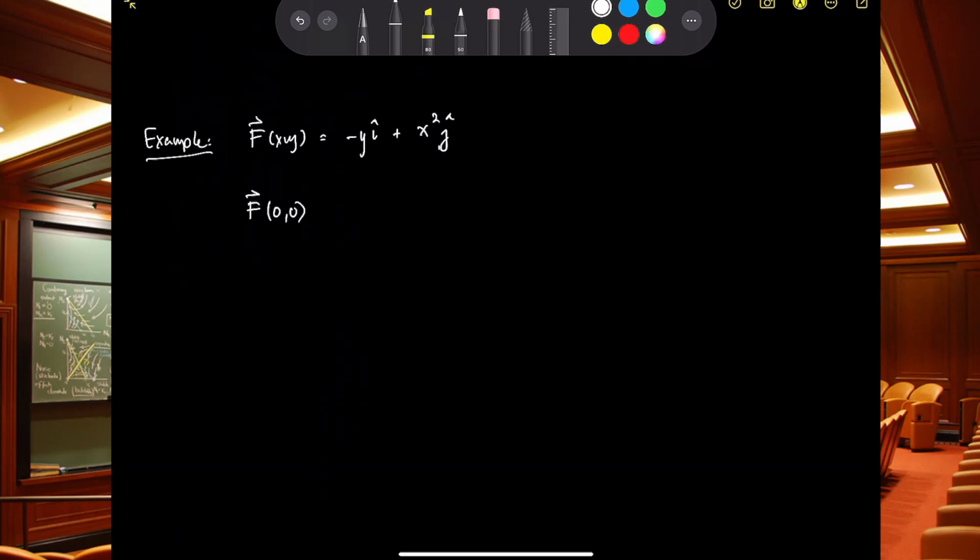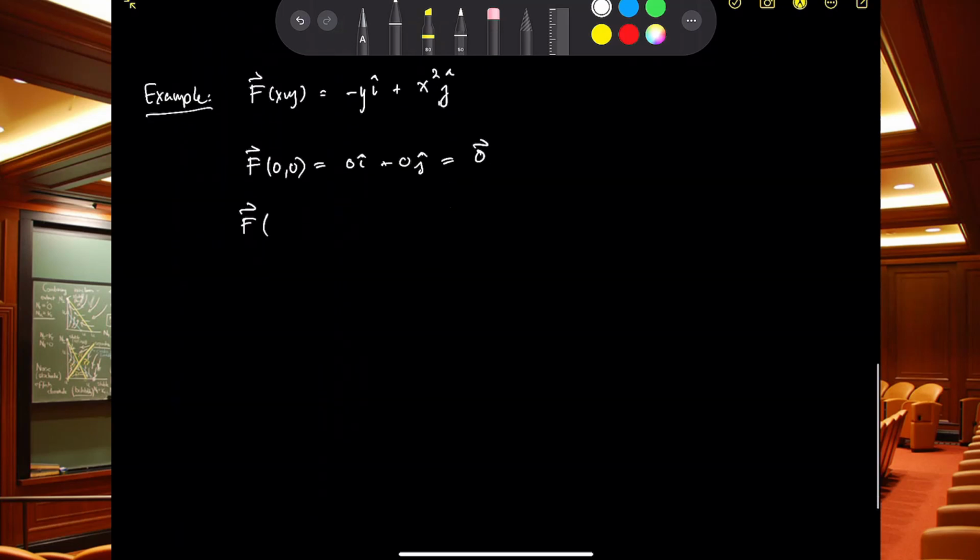We know the origin is going to get mapped to 0i plus 0j, so this is just the 0 vector, right? Maybe if we look at a point on the x-axis, 2, comma 1, so x is 2, y is 1, we get negative i plus 4j. Maybe we'll look at a point on the y-axis, 0, 3.